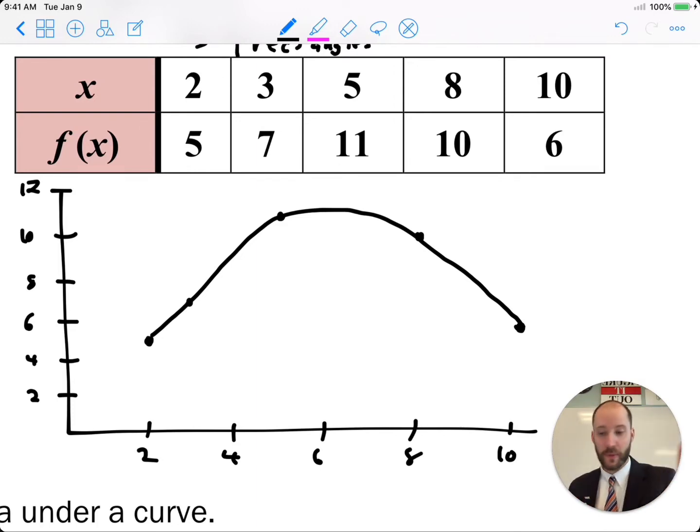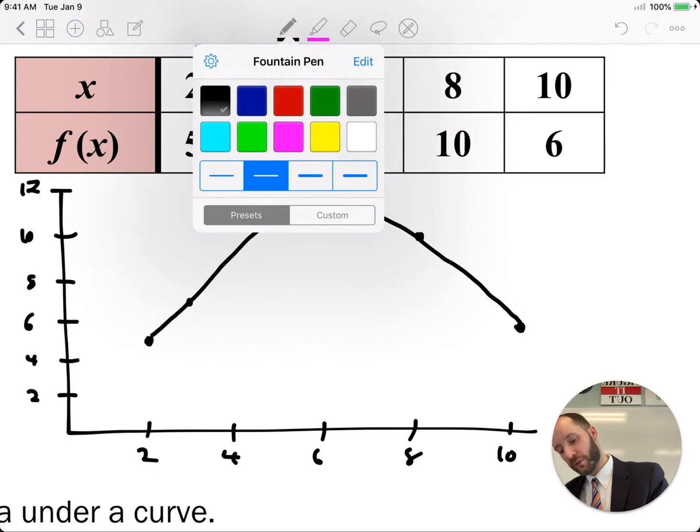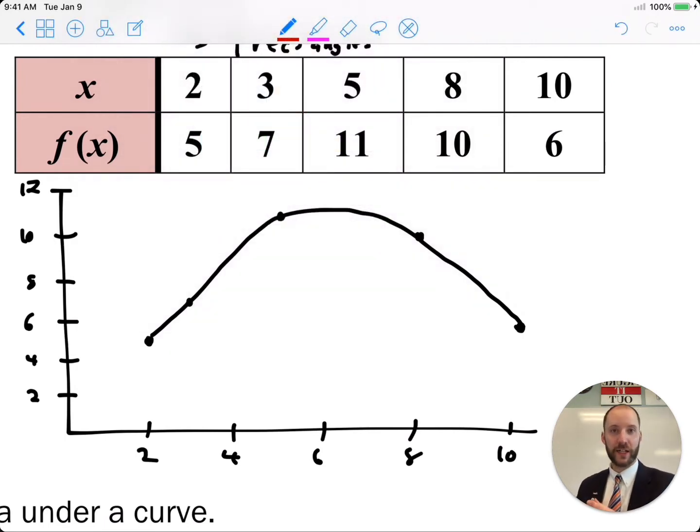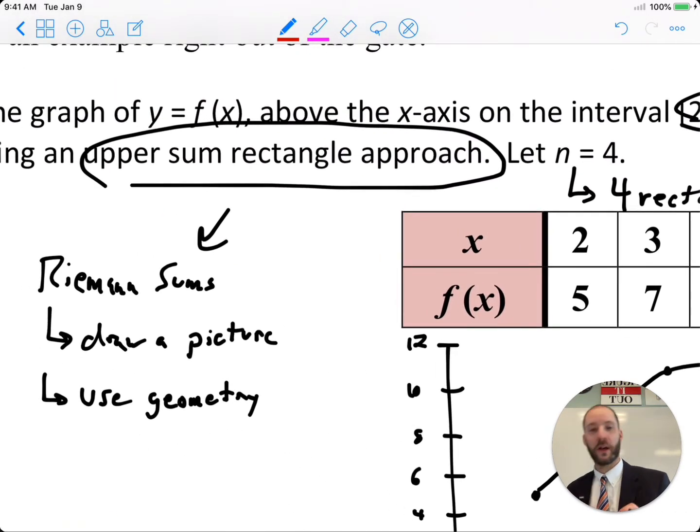It doesn't have to be, because we're going to use the rectangles to make an approximation. We're doing an upper sum approach. So what that means is you have to switch between the right bound and the left bound as each one gives you an upper sum.